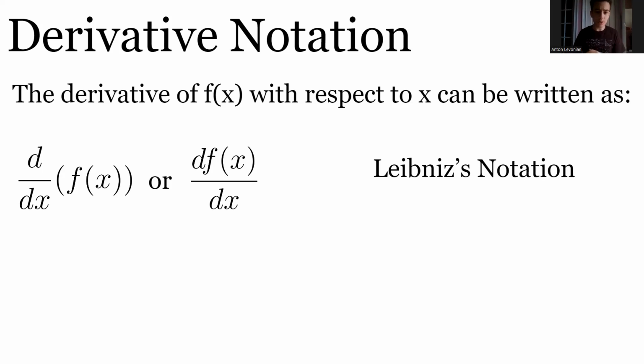I will also be using it when I'm talking about second derivatives, which we will get to later in this course, and integrals. You will also see this dx come back in integrals.